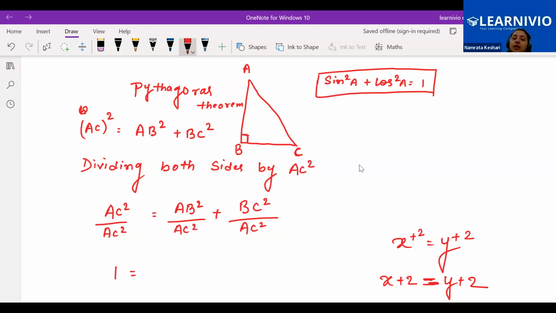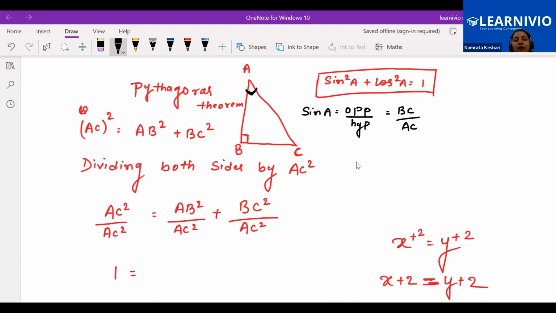So with the help of this right angle triangle, we will see what is sin A and what is cos A. If we take sin of angle A, can you tell me just by looking at the triangle what we are going to have? Sin A is opposite over hypotenuse, right, Sunat? Yeah. Opposite is BC, hypotenuse is AC.